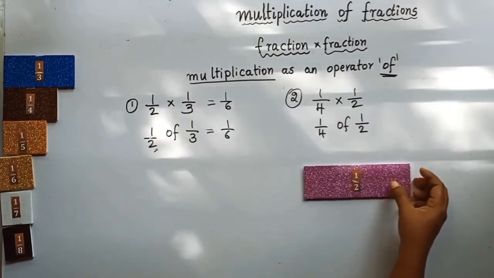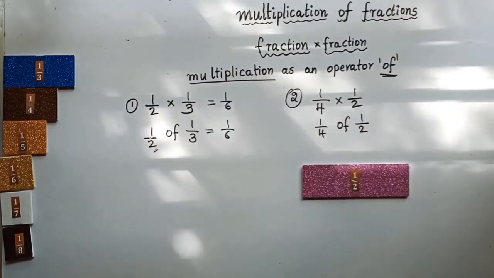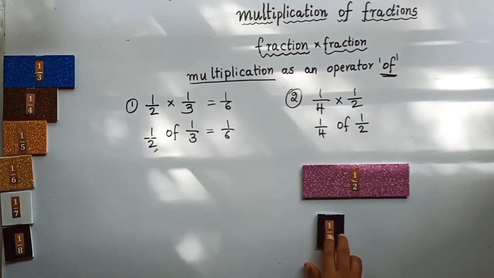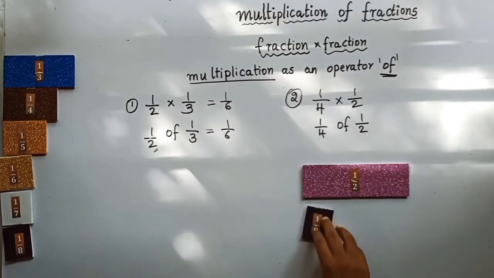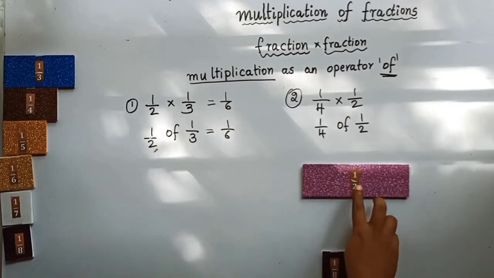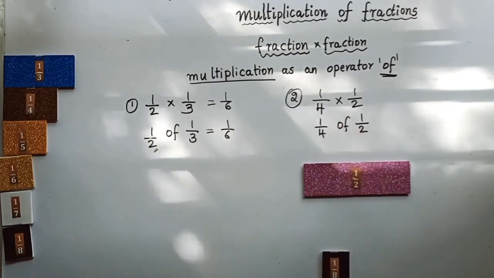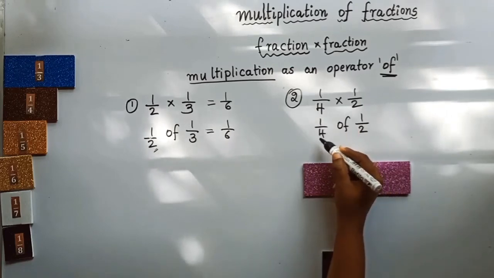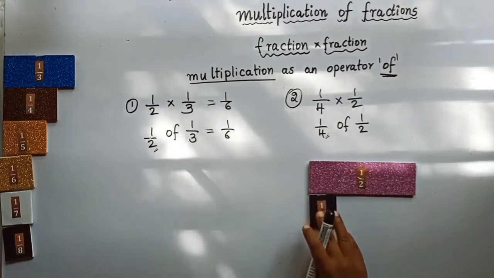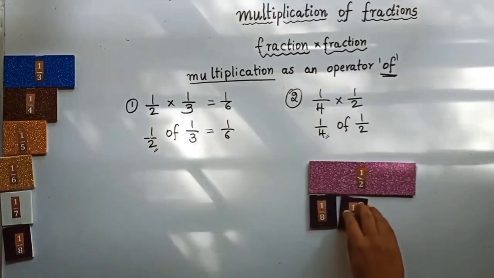We have to take half. Then we have to divide 1 by 2 into how many parts? 4 parts, because we have to take 1 part out of 4 parts.